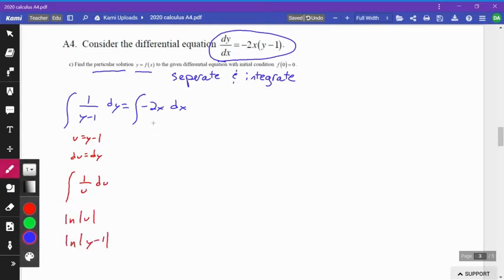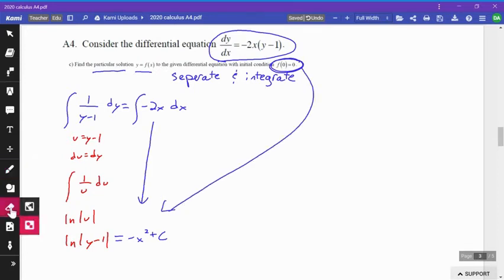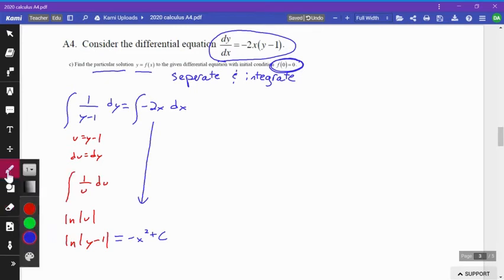This integral is just going to be minus x squared plus c. So what I want to do now is take this initial value, f of 0, plug it in, and that is going to give me c equals 0.